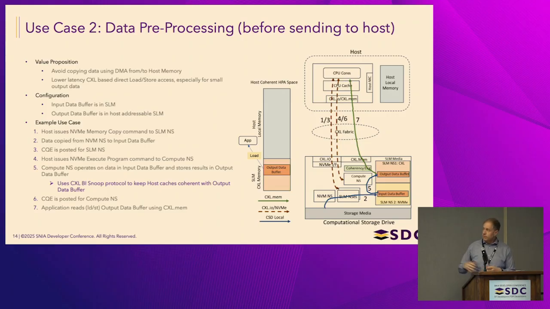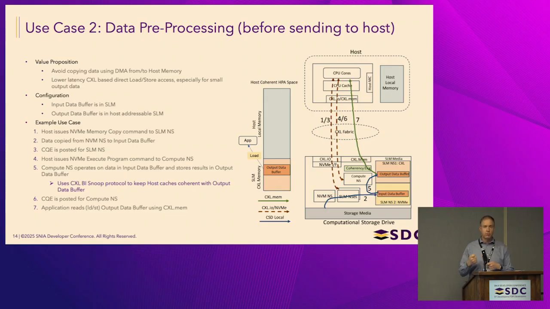All right, so we're basically going in reverse. We're doing a read this time, so we're going to use an NVMe memory copy command to move the data from the NVM namespace to the input data buffer in SLM. Once that finishes, we can do an execute program command to pre-process that data before we send it back to the host. Again, we can use a snoop back and validate protocol to say, hey, host, make sure your cache is flushed because I'm about ready to edit the data.